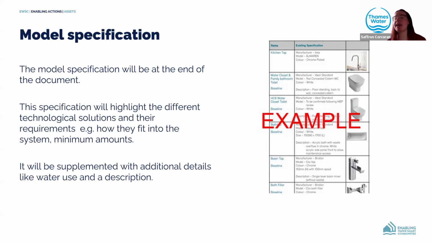It's also looking at how they link with the areas around and if they need anything specific. So they might need specific data, overlooks and so forth. It will be supplemented with additional details like the water usage and a description as well of how that technology works.